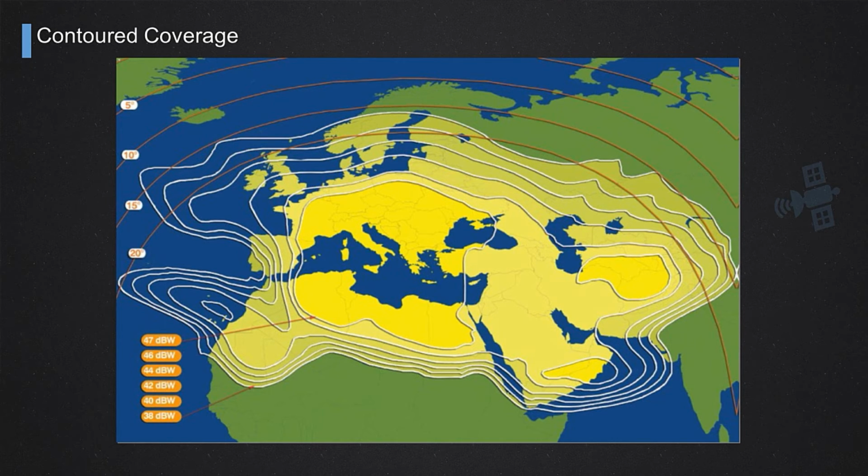Here there is an attempt to limit the gain, and so not to waste energy over, for instance, certain areas that are over the ocean, because the ocean is not of interest. Here the gain is concentrated over Europe, over the north of Africa, because it was part of the coverage, and somehow you see that there was a calculated approach to optimize the gain where it was needed, directivity where it was needed. So this is the principle of contoured coverage.